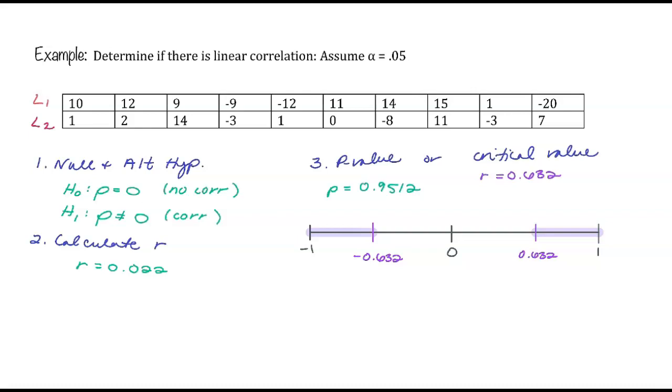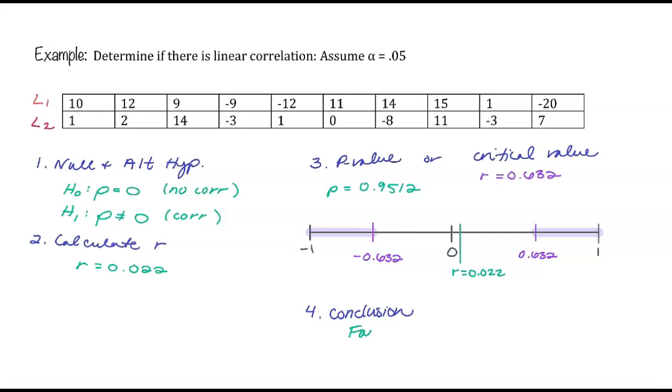But our value for R is 0.022, which is nowhere near these regions. The size of R, or the magnitude of R, is not larger than the critical value, so we fail to reject the null. So either way you look at it, using the p-value and comparing it to alpha, or the critical value and comparing that value to R, our conclusion is the same.